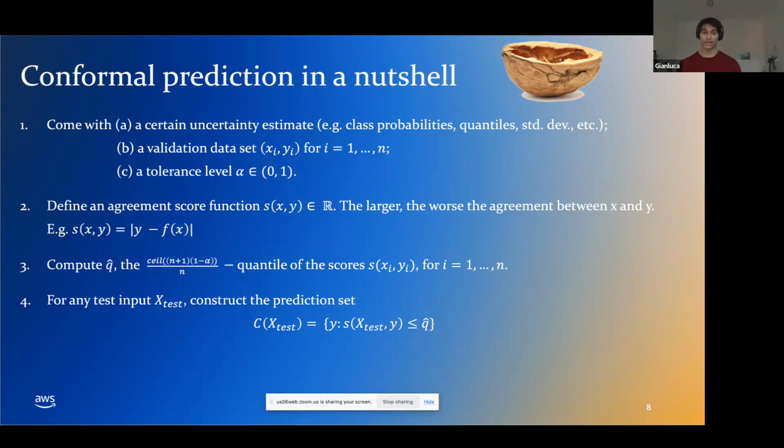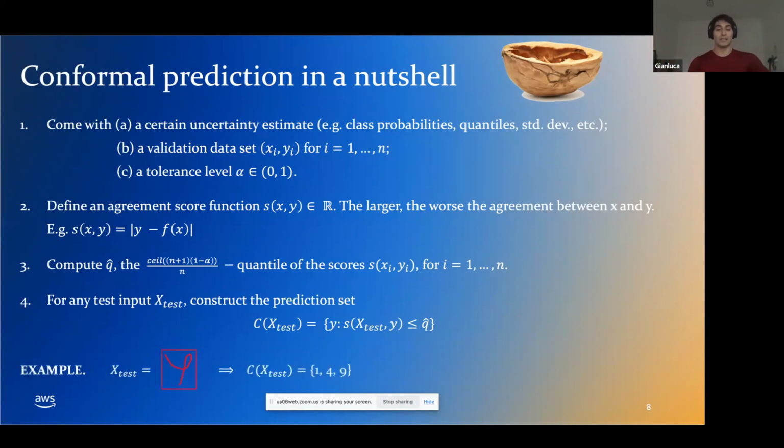In other words, you're adding to your conformal set, to your prediction set, all the y that conform well with the quantile that you have computed before.